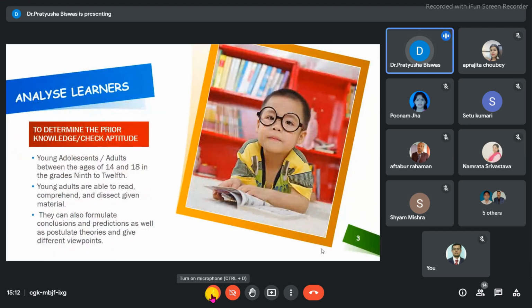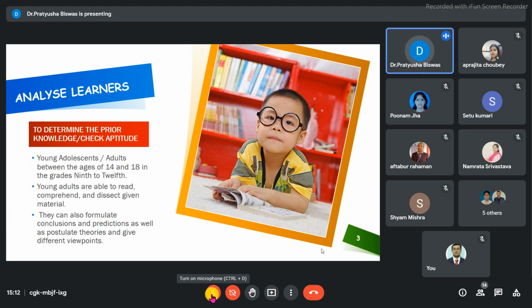And like I told you today, I have adapted the ASSURE model for a lesson plan for 9th to 12th grade students. So you can see here the first step is analyze learners. What is the priority in that? The priority is to determine the prior knowledge and check the aptitude of the child.